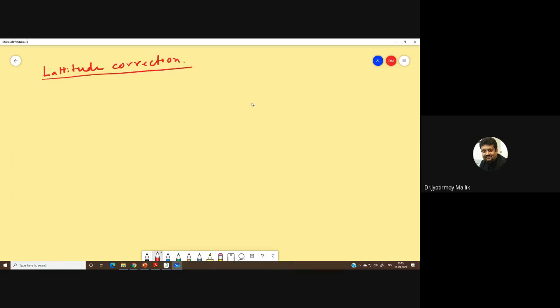And you know that because Earth is not a perfect sphere, the value of small g actually changes from the equator to the pole.